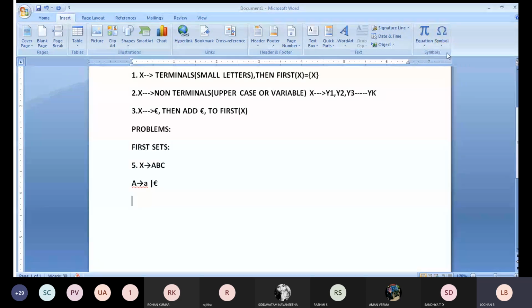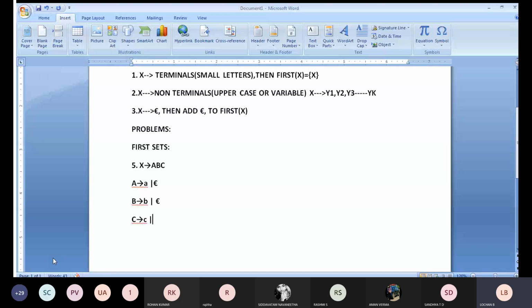B implies they may give small b or epsilon. C implies capital C small c or epsilon.